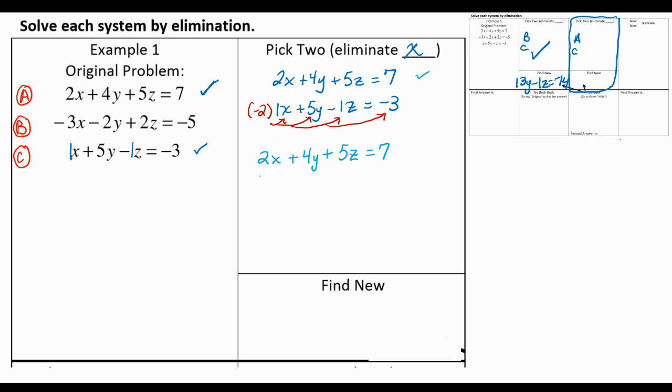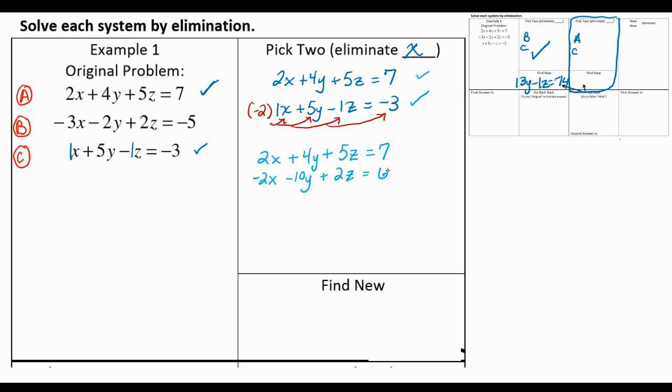And then I'm going to multiply through on the bottom one. -2x, -10y, positive 2z equals positive 6. Okay.